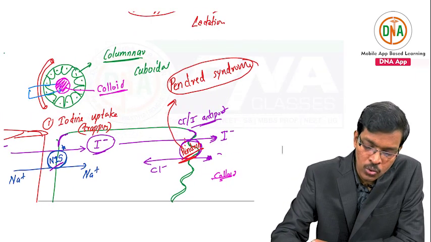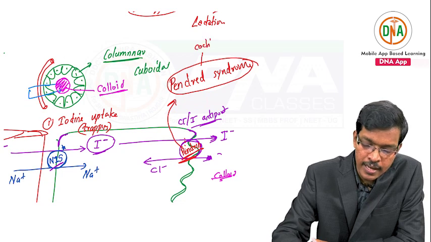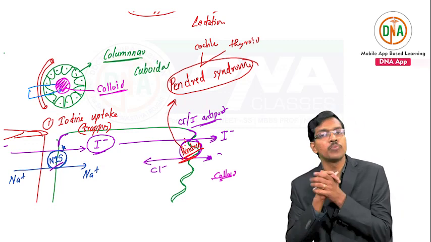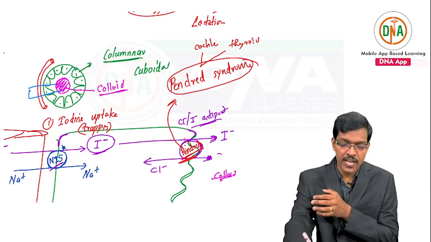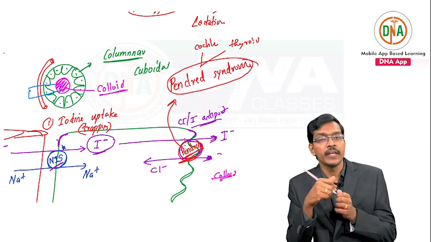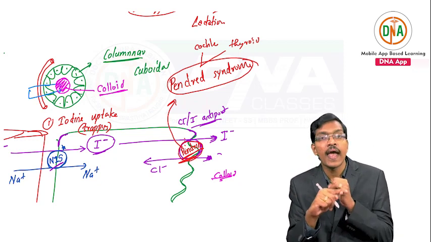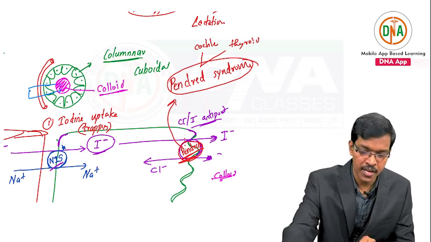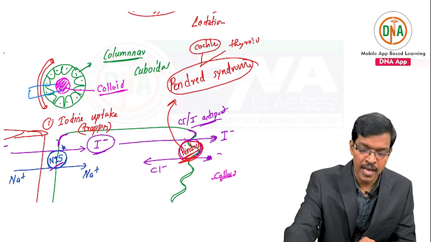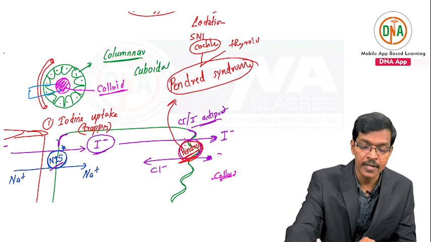So the cochlea as well as the thyroid gland has this channel, chloride iodide antiport. So the patient with a defect of this pendrin channel or the pendrin protein will have a defect in the thyroid gland as well as a defect in the inner ear. So what is the manifestation in the inner ear? The patient will have sensorineural hearing loss.